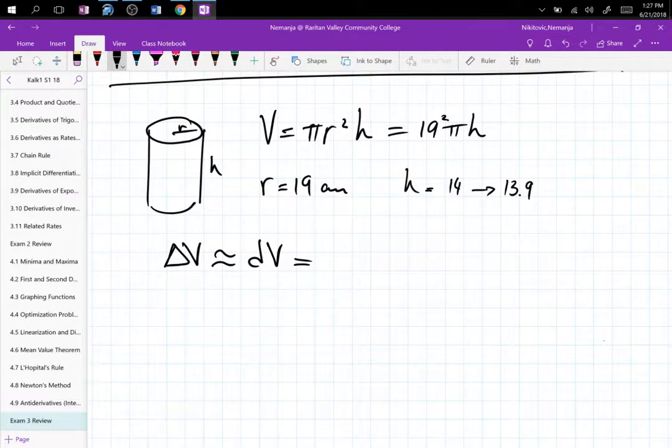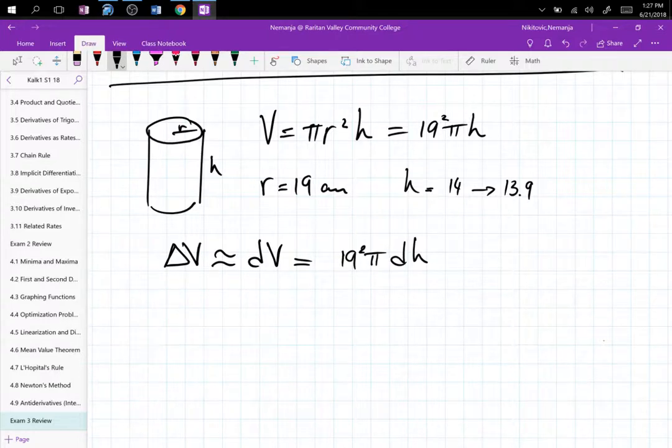19 squared pi h. We have to put 19 in because it is going to be constant radius and only height is changing. So now when you take the derivative of this, you are going to have 19 squared pi dh, right? So that's our formula.